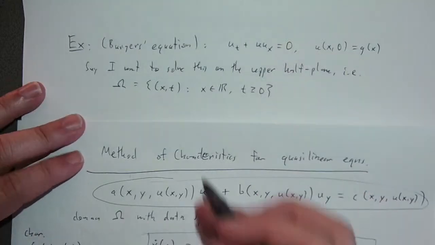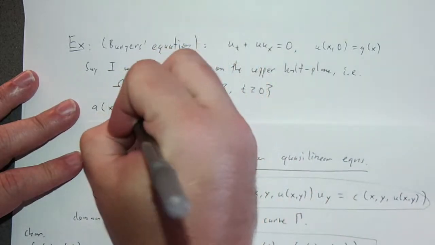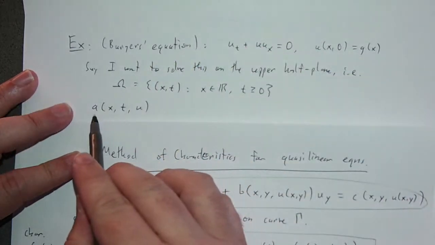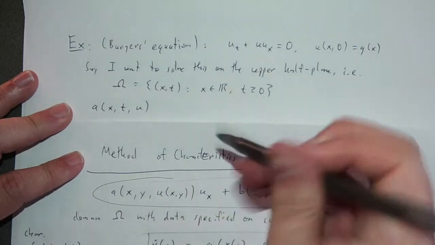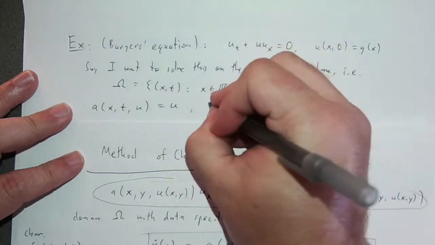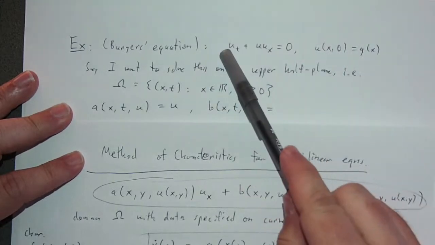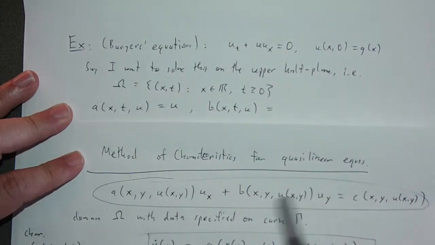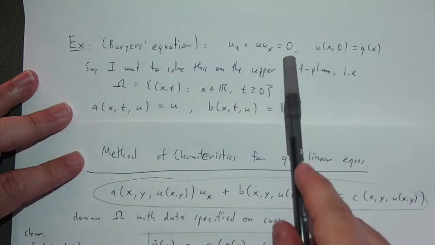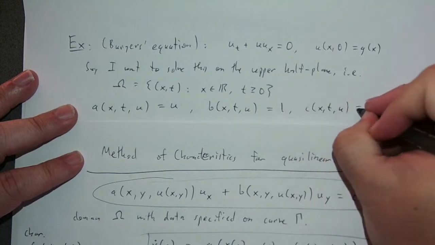So this is actually pretty easy. a(x, t, u) is the coefficient function on the x term, so this is just u. b(x, t, u) is 1, the coefficient function on the u sub t term. And the right-hand side function is 0, so c(x, t, u) is 0.